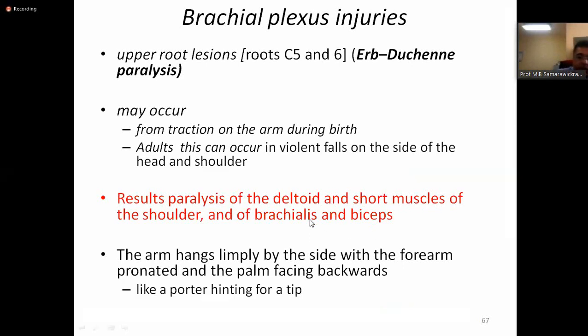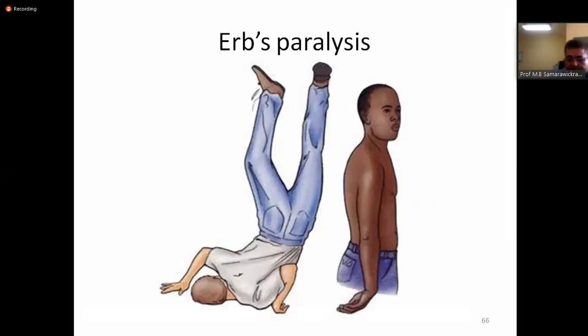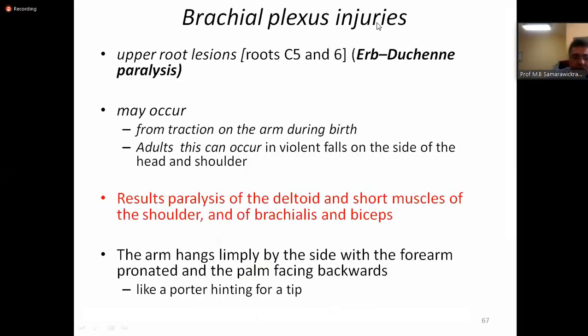And with these flexors, flexion at the elbow and supination become weak. Therefore, the elbow is extended and pronated. So the arm hangs limply by the side with the forearm pronated and palm facing backwards, like a porter hinting for a tip like this. So you should be able to explain why these deformities occur.